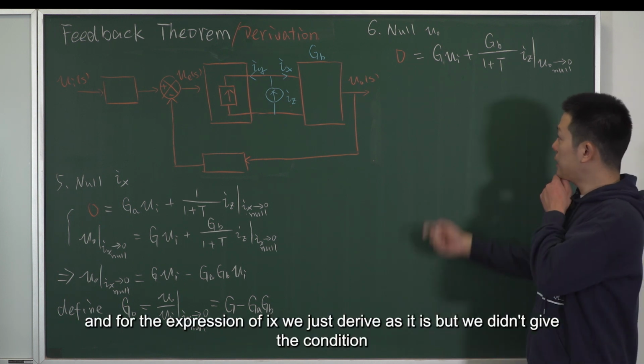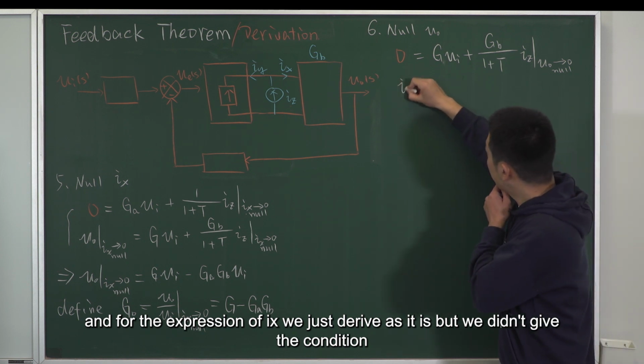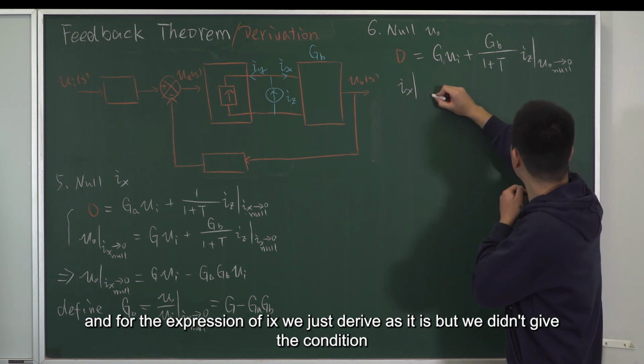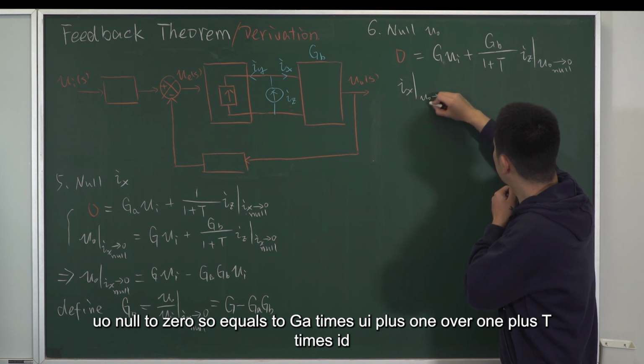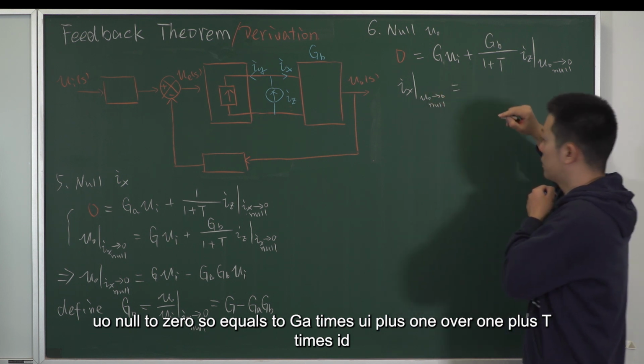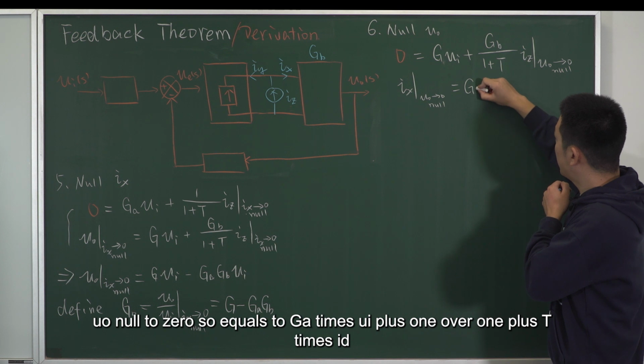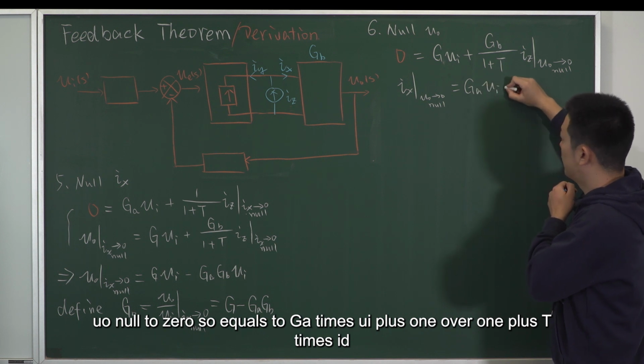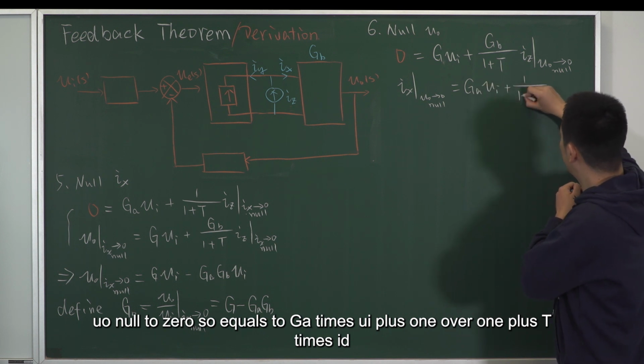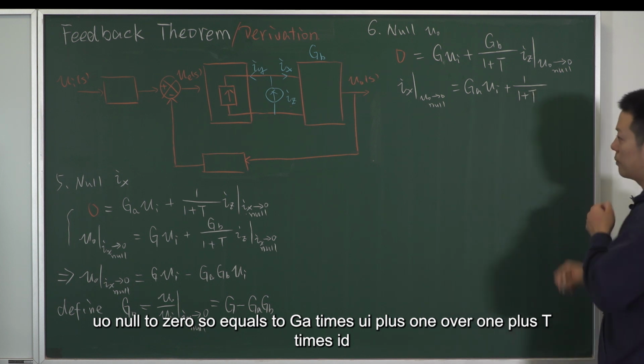And for the expression of Ix, we just write it as it is, but we give the condition, U0 now 0. So it equals GA times Ui plus 1 over 1 plus T times Iz.